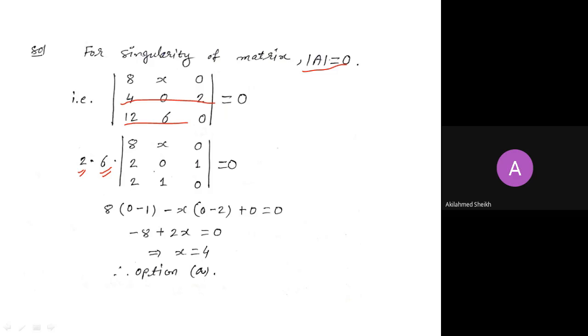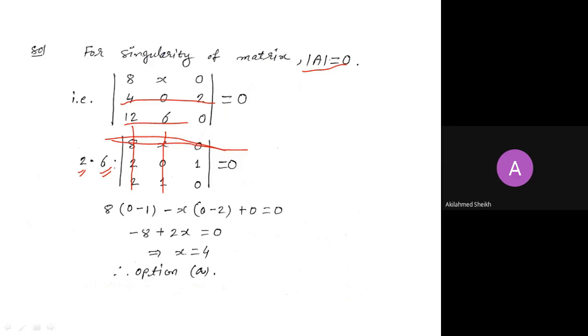Here 8 into, ignoring first row and first column, 0 minus 1, minus x into, ignoring second row and first column, the remaining 2, 1, 2, 0 means 0 minus 2, plus the last element 0.